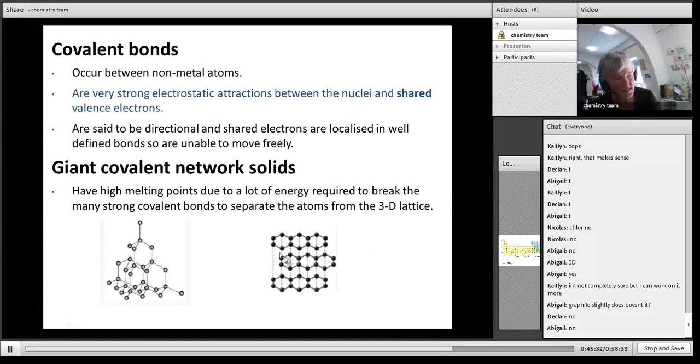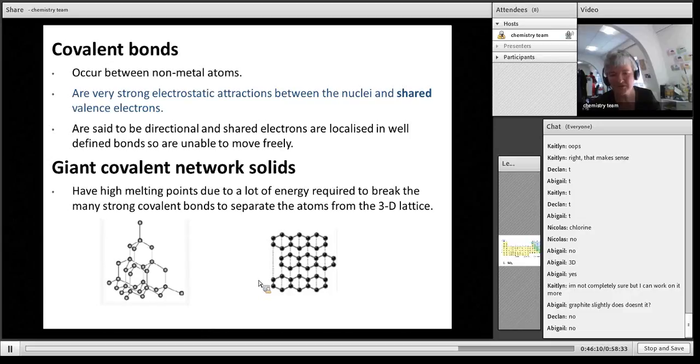So each layer in itself is hard, is rigid if you like, but the layers are connected only by these weak intermolecular forces. Those are weak structures, so the layers can slide over each other quite easily. You don't need much energy to distort or to break these dotted lines, which are representing the intermolecular forces. And so graphite is a good lubricant because the layers slide over each other.